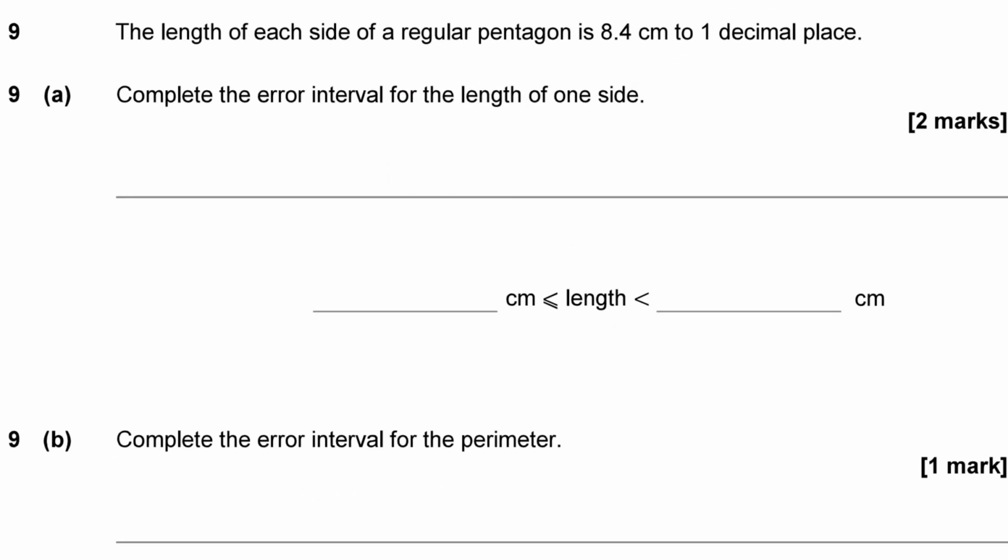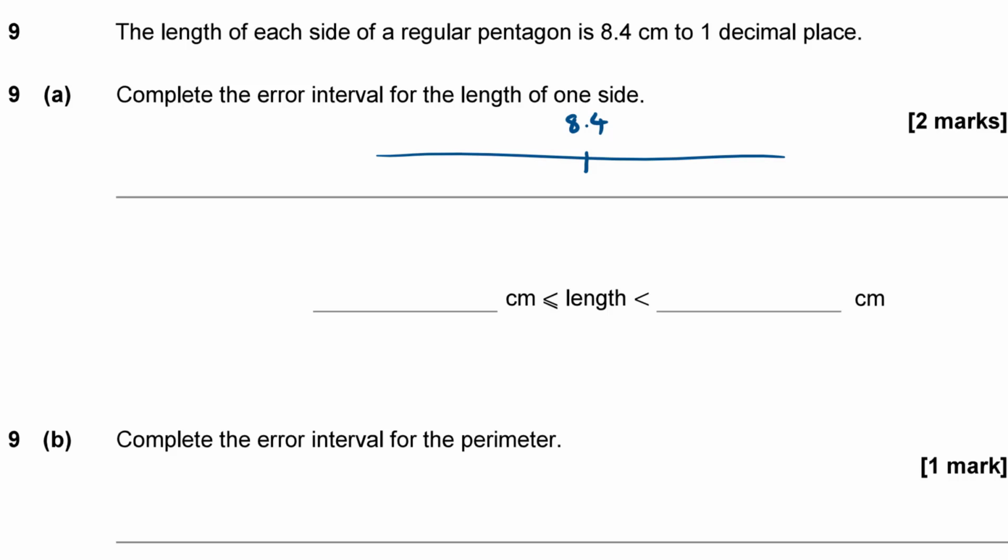Question 9. The length of each side of a regular pentagon is 8.4 centimeters to one decimal place. Complete the error interval for the length of one side. I always draw a kind of scale when I'm doing these error interval questions, and I mark on the number they give me, then imagine the scale either side of it.